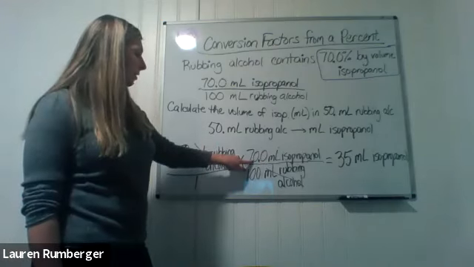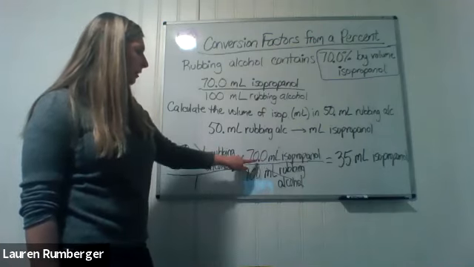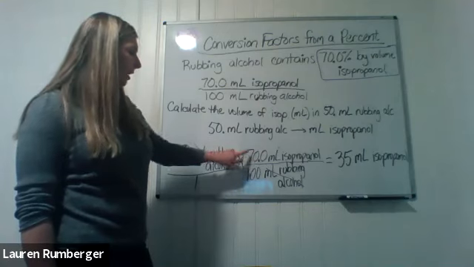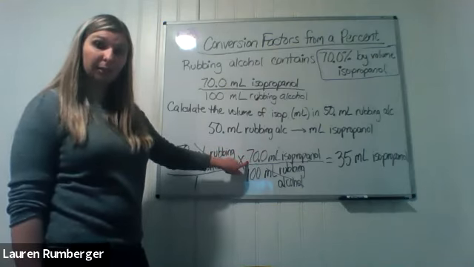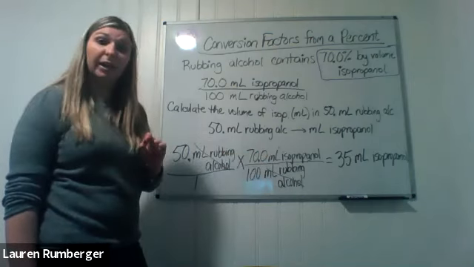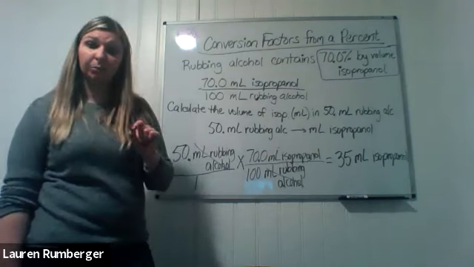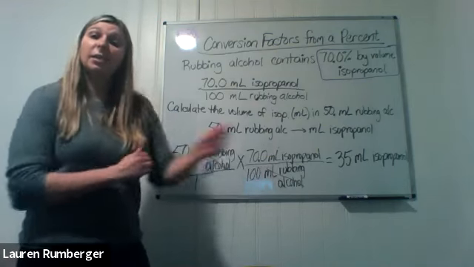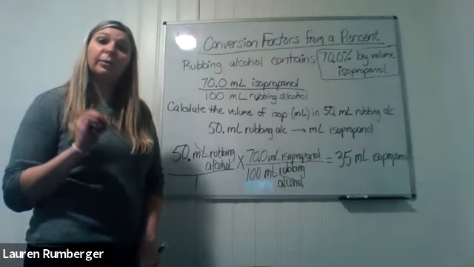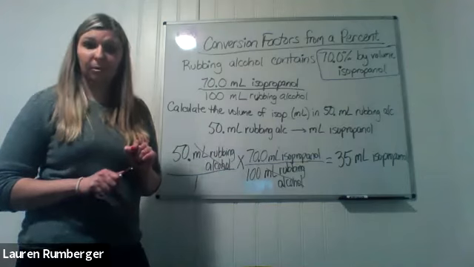This 0 and this 0 are both significant because this 0 comes before a decimal and after a non-zero, and this 0 comes after a decimal and after a non-zero. So any zeros that come after a non-zero will be significant as long as a decimal is in place.